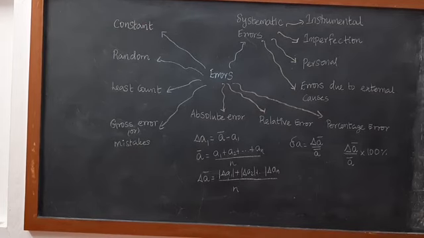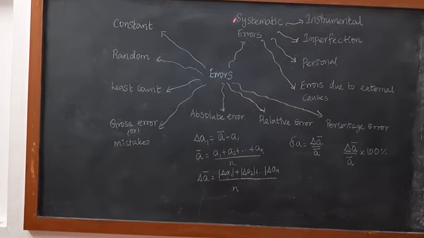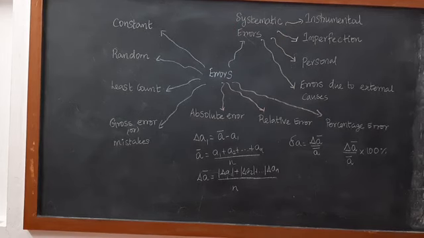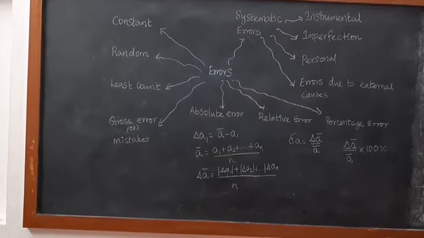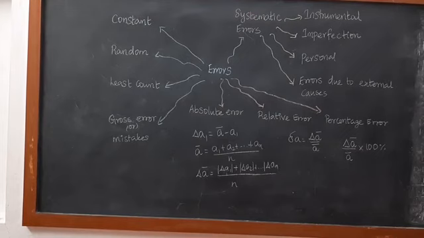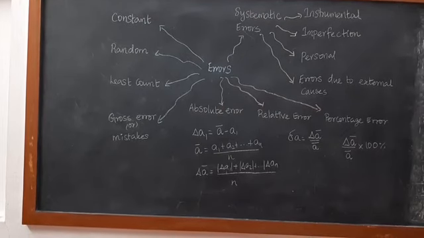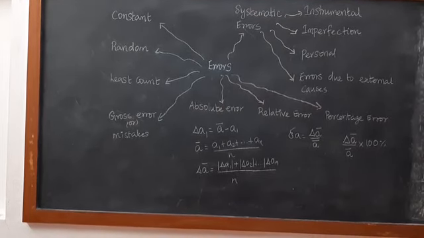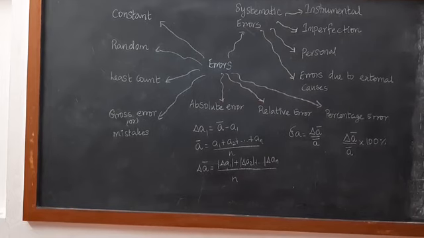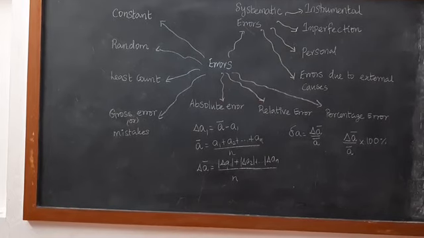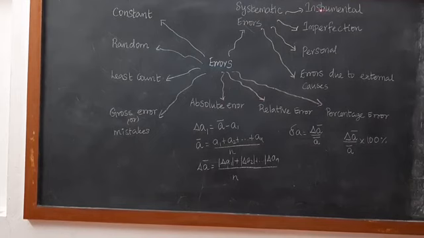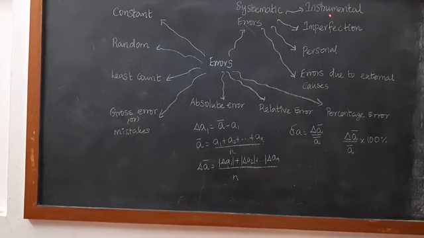The next one is systematic errors. What are systematic errors? The errors which tend to occur in one direction. It gives error in one direction, right? That is called systematic error. In systematic errors, the first one is instrumental errors.